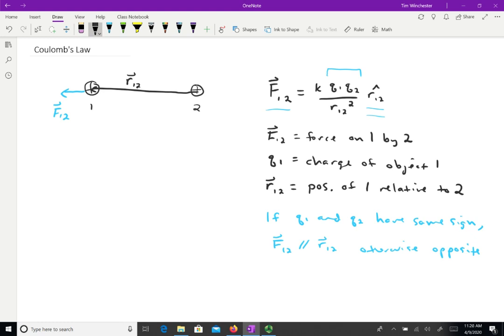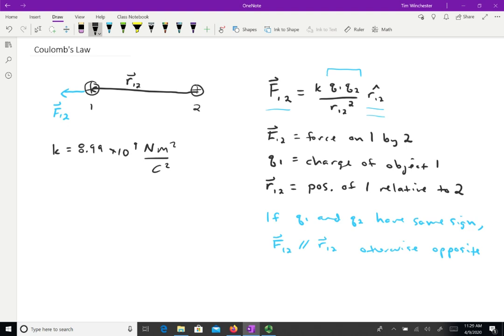Okay, so what else appears in this expression? Well, K is a constant, so K is equal to 8.99 times 10 to the 9th newtons Coulomb squared per meter squared. Okay, and you can check that when you plug in the values, this should work. Actually, I've gone and made a mistake, so it's going to be newton meters squared per Coulomb squared, because when I plug in the distances into the equation and the charges into the equation, the meters and the coulombs will go away, and I'll be left with a force.